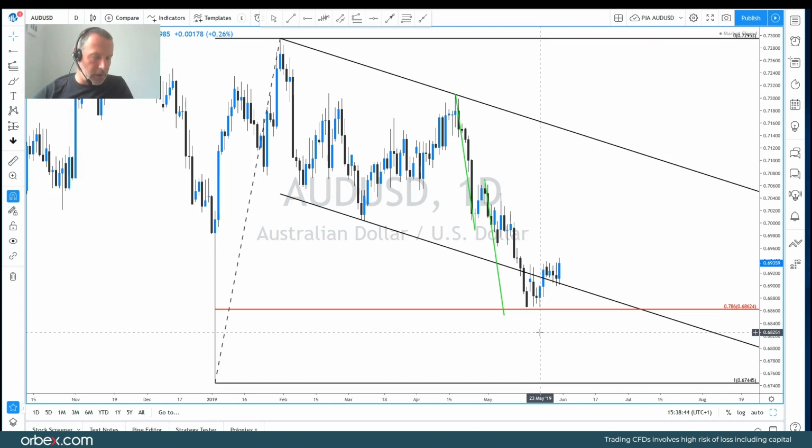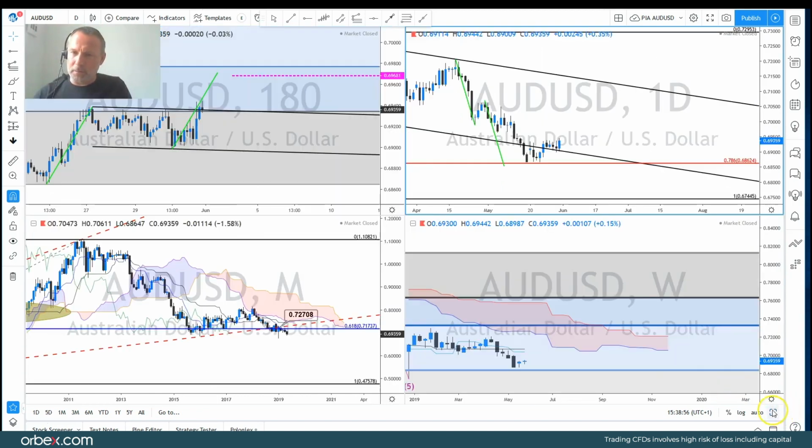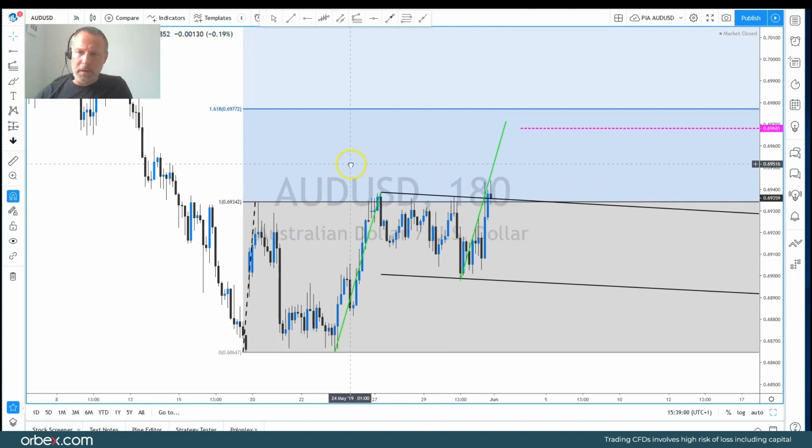Long term, and we're talking sort of weeks and months, not intraday, the long-term target for Aussie dollar is around about 72.65. But the short term, and an area I'm going to be wary of next week, we look to have broken out of a flag formation to the upside.